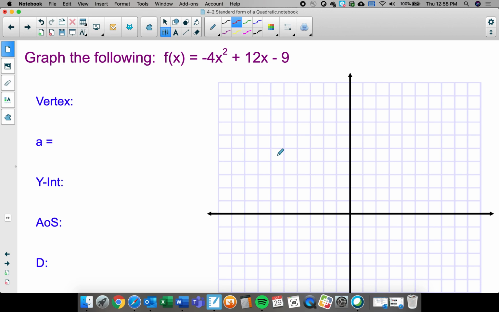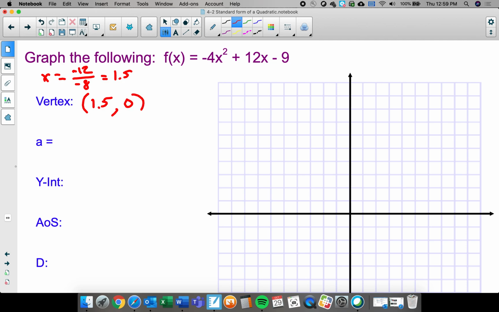Opposite of b, so x equals -12 over 2 times a, which is -8, which means this is a +1.5. That's where my vertex is at, 1.5. If I then take that and plug it back in, -4 times 1.5 squared plus 12 times 1.5 minus 9 at the end gives me an answer of 0.